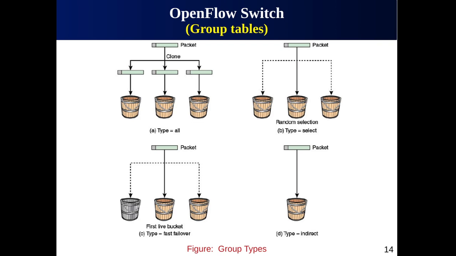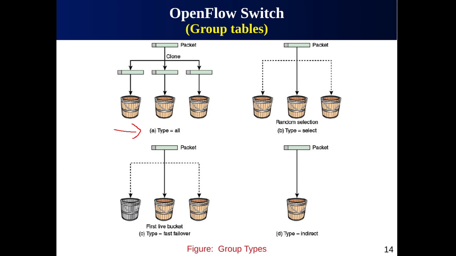And you can see from the figure, like for example the first one where the type is all, it executes all the buckets in the group. What does it mean? Each arriving packet is effectively cloned. Means each bucket will designate a different output port.